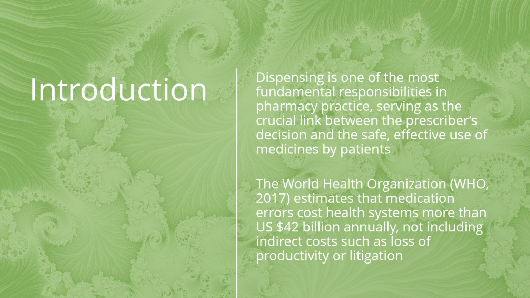WHO has done some estimates as far back as 2017 that it costs the health system over 42 billion US dollars every year as a result of errors in the treatment and medication process, and we're even excluding other costs.